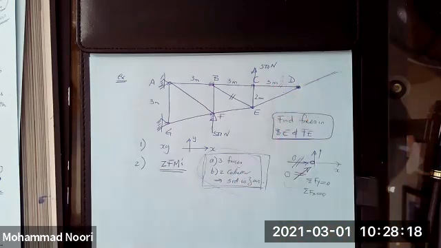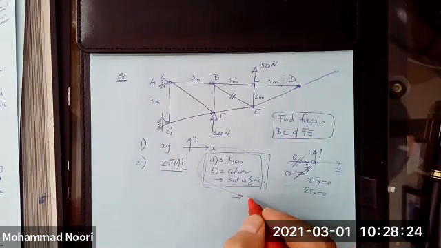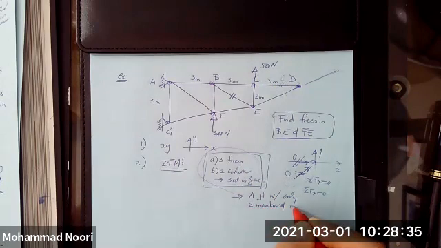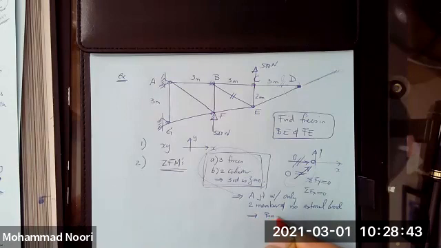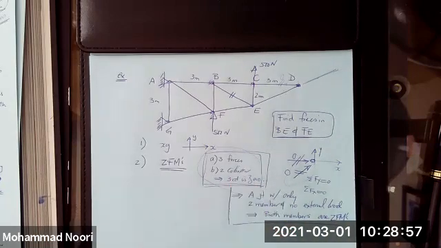But anyway, whichever logic you use, you reach the conclusion that a joint with only two members and no external load, okay, means both members are zero force members. Remember that. This is a special and easier case of this general case.